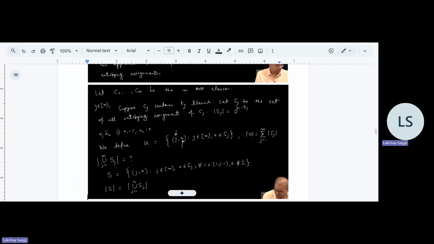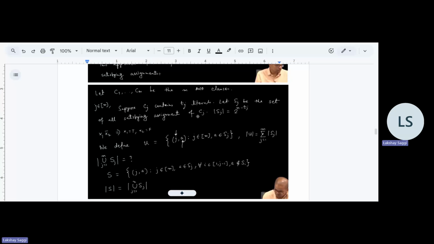What do we mean by this? There are a total of n variables. If the clause Cj contains Tj literals, these literals are joined by AND. Suppose it contains three literals x1, x2, and not x3. Since this is an AND, we need to set x1 to true, x2 to true, and x3 to false for this clause to evaluate to true. But all the other variables, x4 till xn, can take any value, true or false.